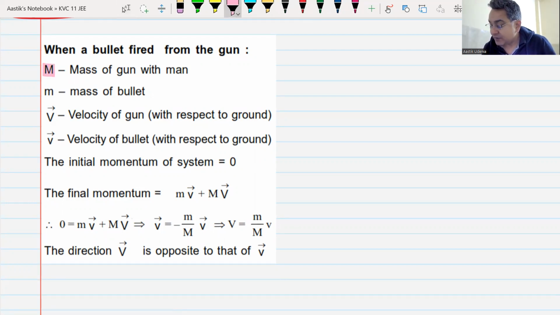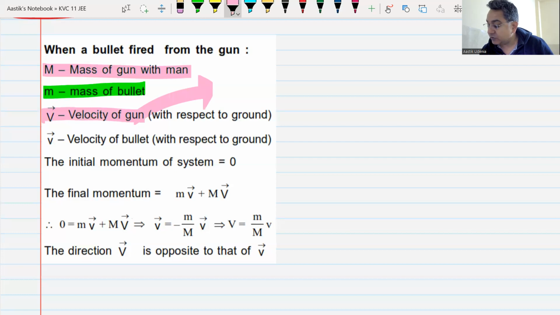Capital M is the mass of the gun with the man. The man will be holding the gun. Small m will be the mass of the bullet. Capital V will be the velocity of the gun. Sometimes it is also known as the recoil velocity, so they may ask you what is the recoil velocity.